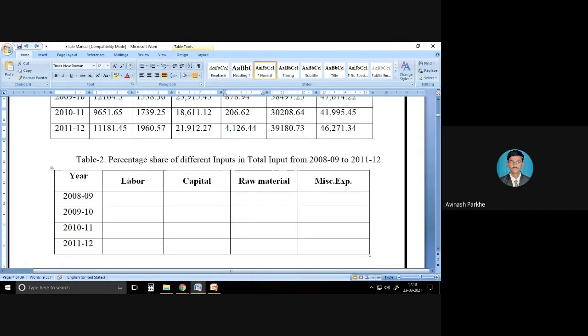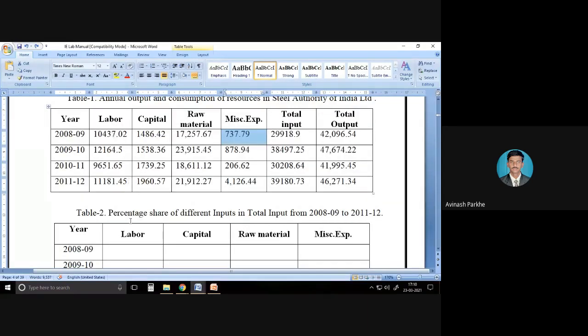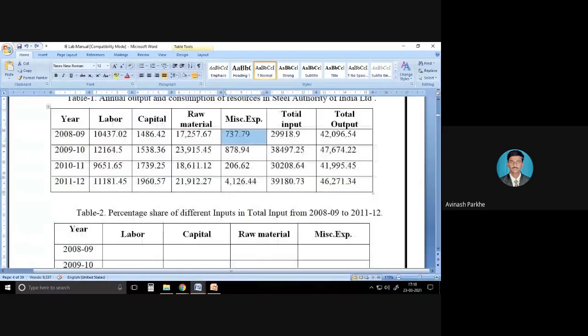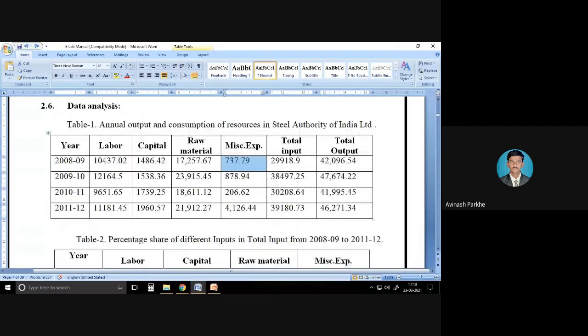That is, if I have to calculate the percentage of the labor in 2008-9, the formula I am using is: percentage share of the labor in 2008-9 is equal to total input divided by labor input. For example, let us see.